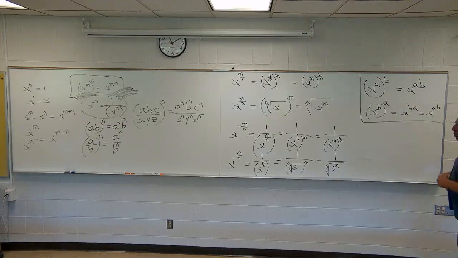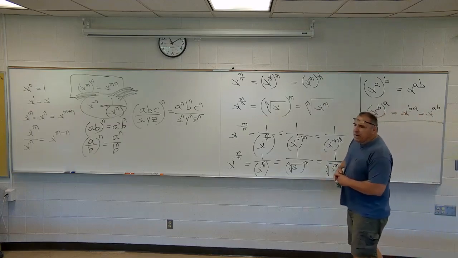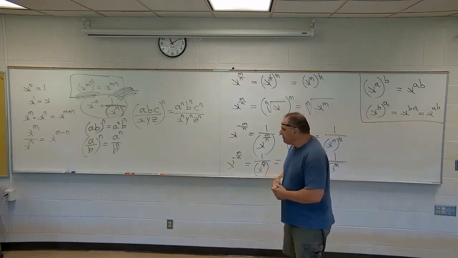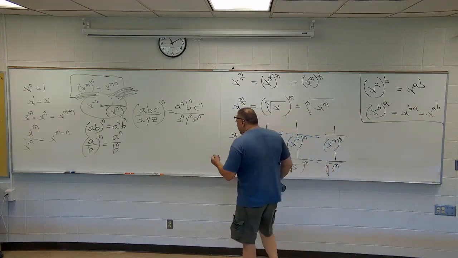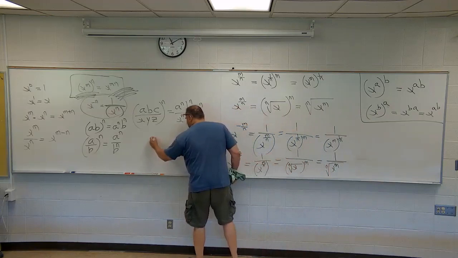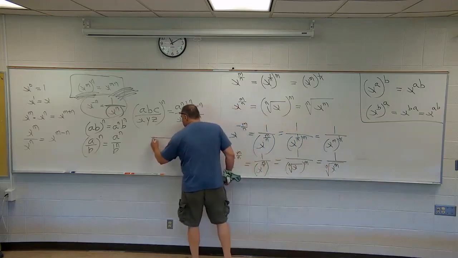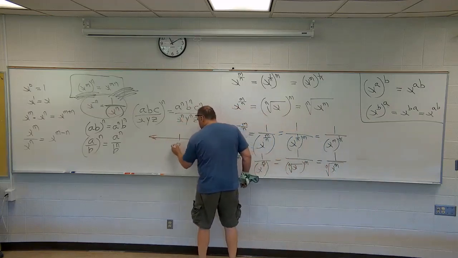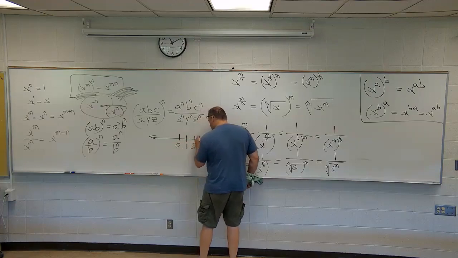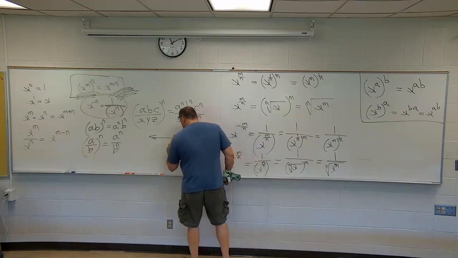We deal with the real number system. The real number system is everything that is on the horizontal line. X equals 0, 1, 2, 3, -1.